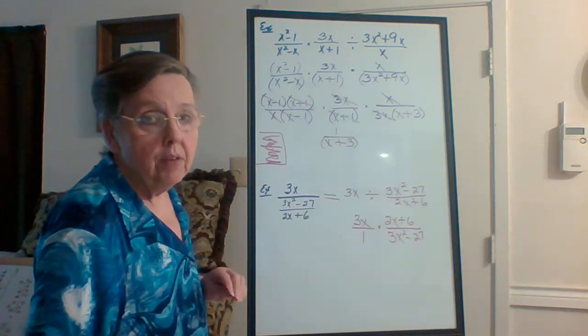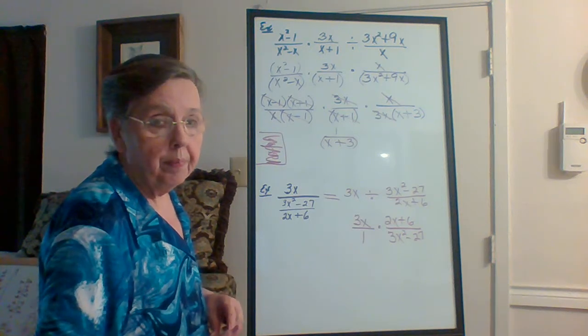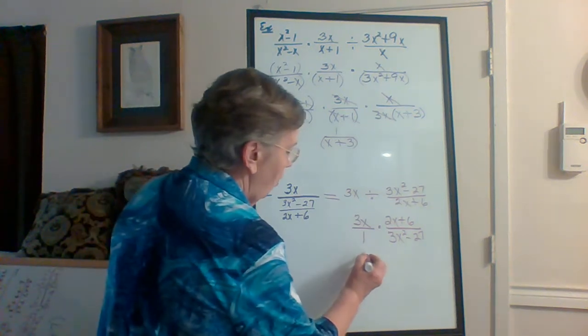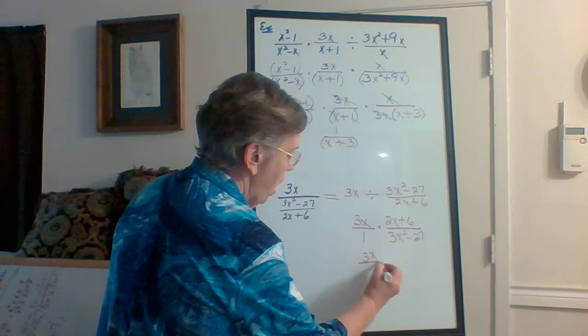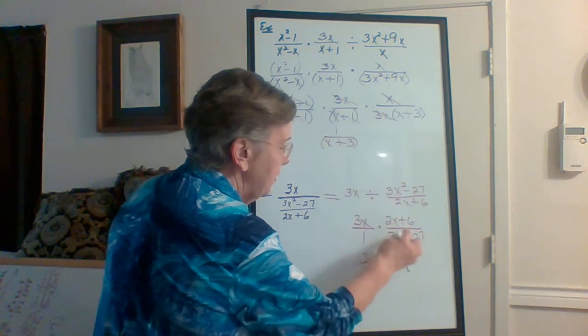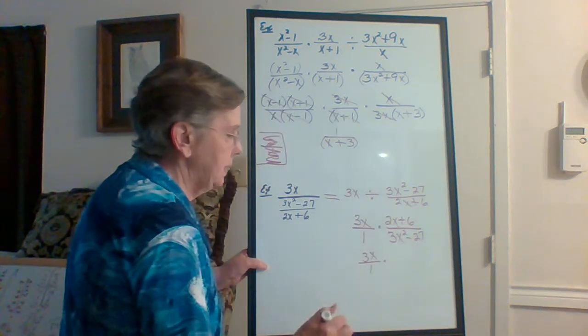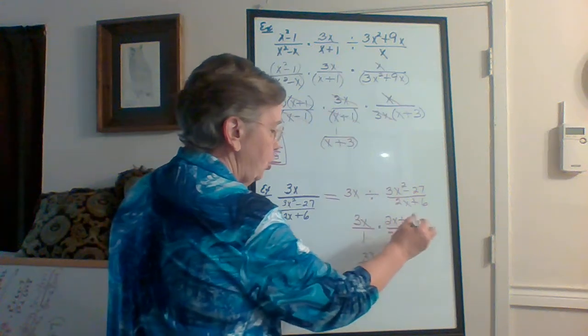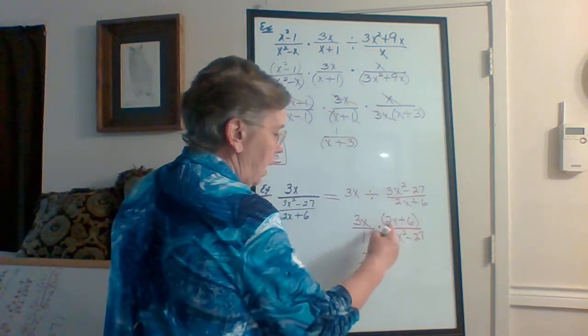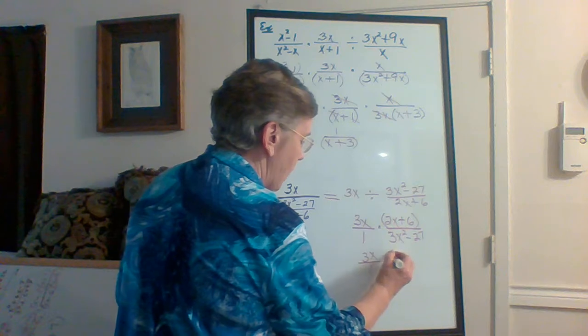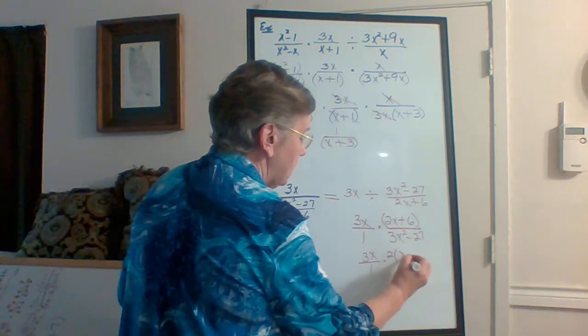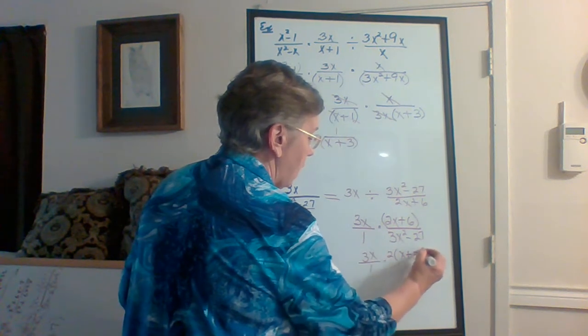And I do require that you show this work. 3x over 1 is fine, but these over here have pluses and minuses. I must factor 2x plus 6. Common 2, and that leaves me x plus 3.